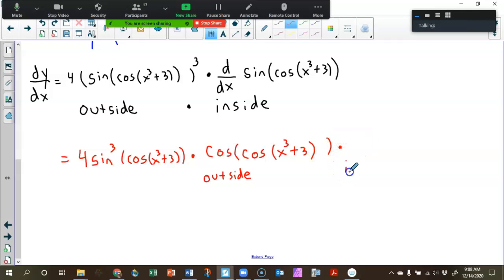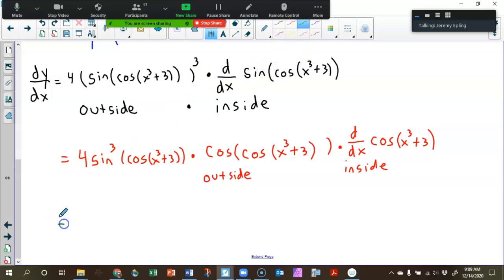Times the derivative of our inside piece. So our inside piece is cosine of x cubed plus 3. This is still function composition on our inside.